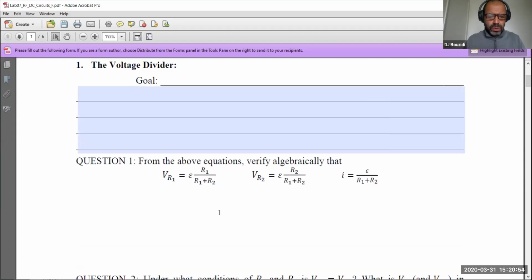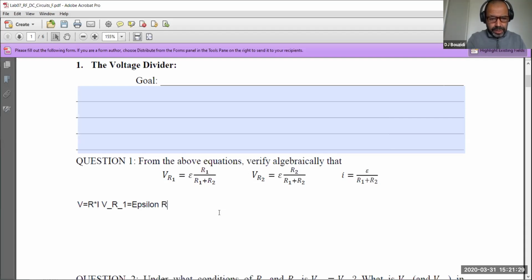The questions are the normal questions. If you encounter a formula and you would want to write it, you can write it however you want to. For example, V equals R times I. If you like to write it this way, that's fine. Or if you want, let's write it in that formula: V underscore R underscore 1 equals, and here epsilon, you can write it E if you like, or epsilon if you want to, okay?